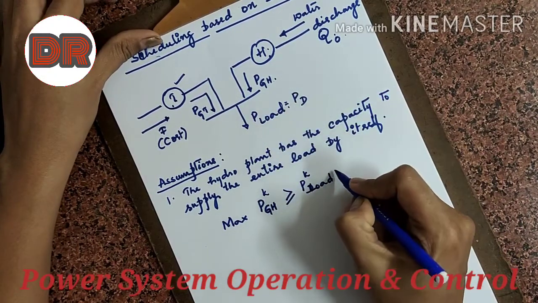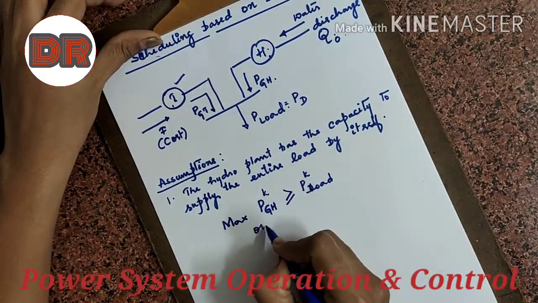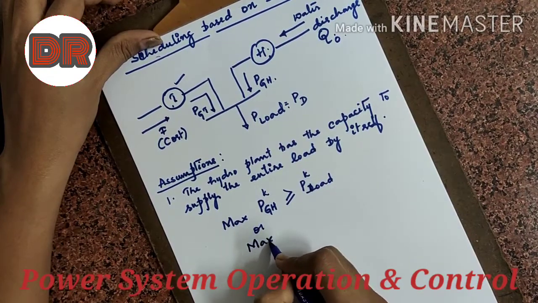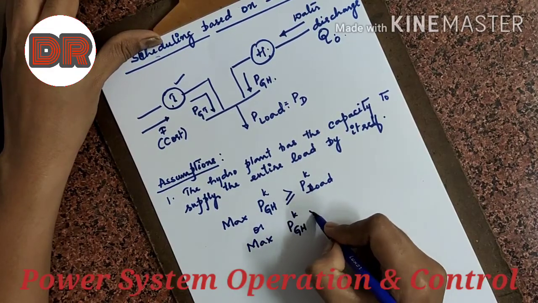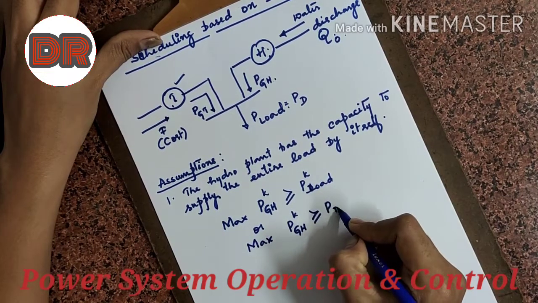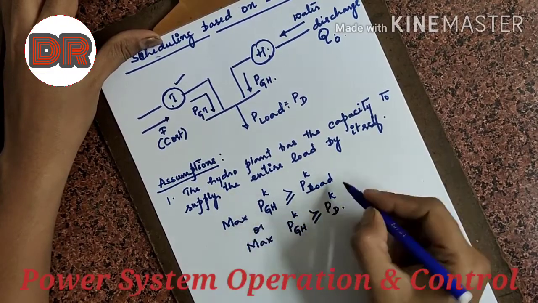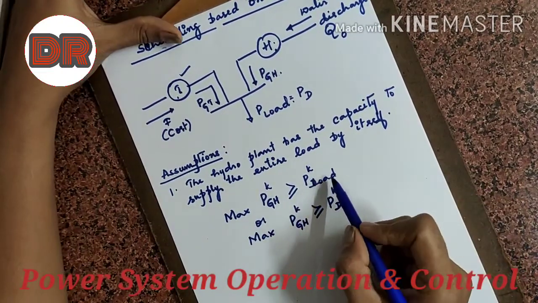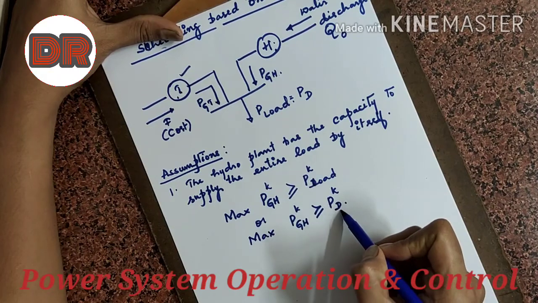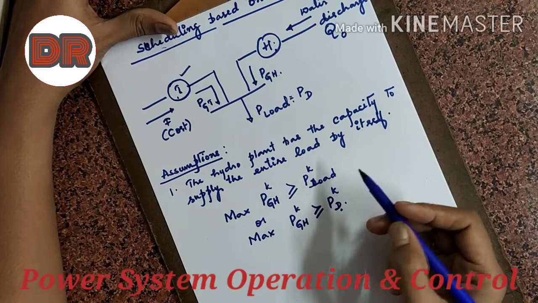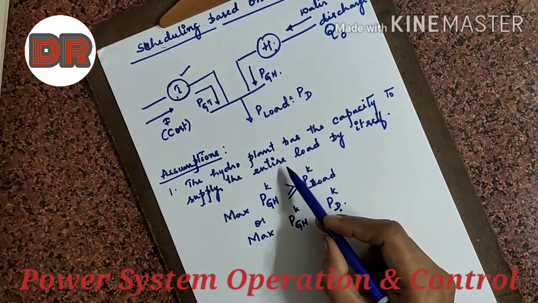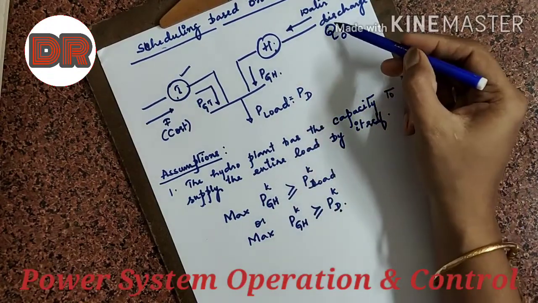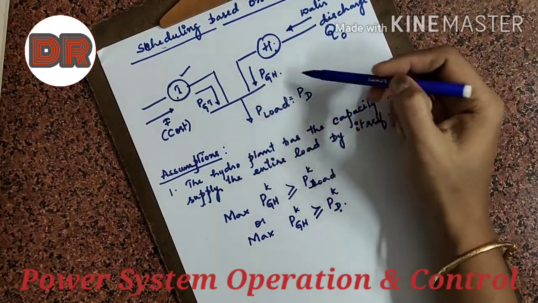I'll write one more equation or constraint: maximum PGH in interval K is greater than or equal to PD in K. That is because I have taken P load the same as PD, where PD is the representation for power demand. So the hydro plant has the capacity to supply the entire load by itself; the hydro plant alone can supply the entire load.